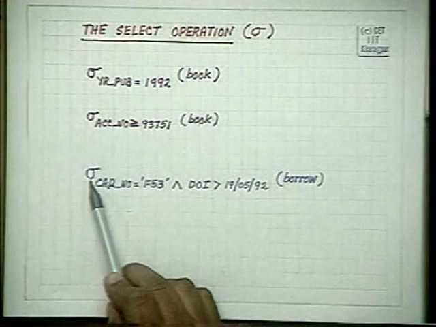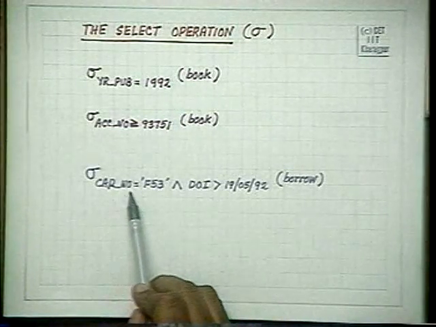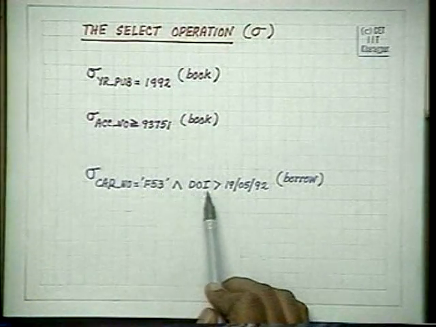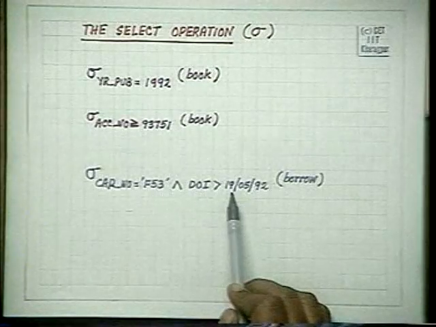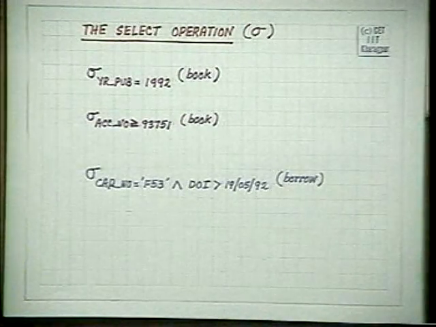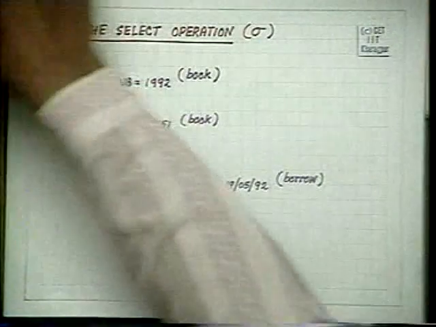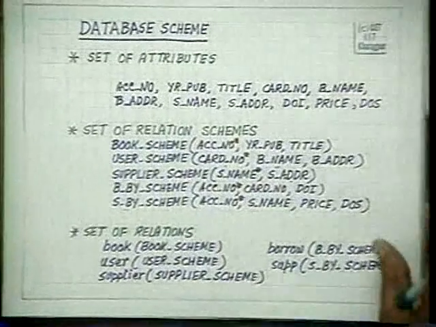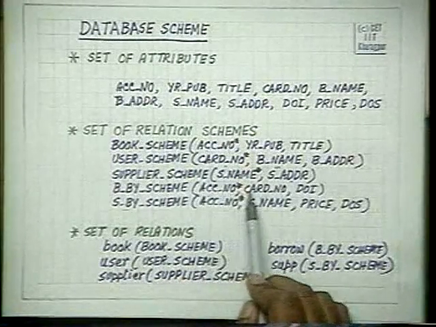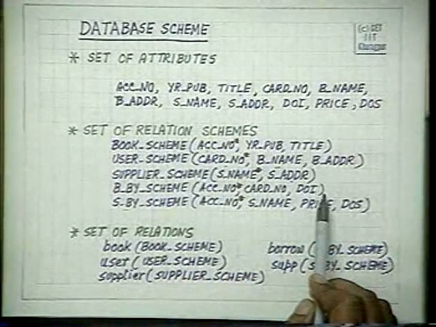This is another example. Select card number equal to F53 and date of issue is greater than 19,592 on the borrow relation. If we go back to the borrow relation, we will see that the borrow relation is of the borrowed by scheme having accession number, card number, and date of issue.